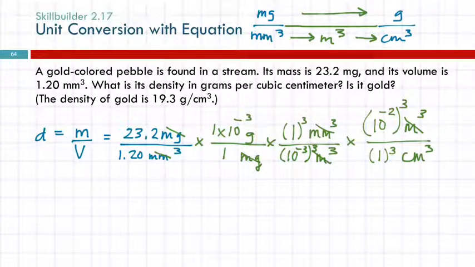I'm not going to cover that because calculators are different, but I'll do the problem and show you what the answer is. So this is what I'm doing on my TI-36X Pro. 23.2 divided by 1.2.